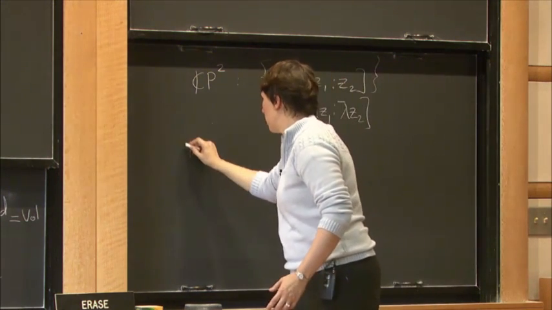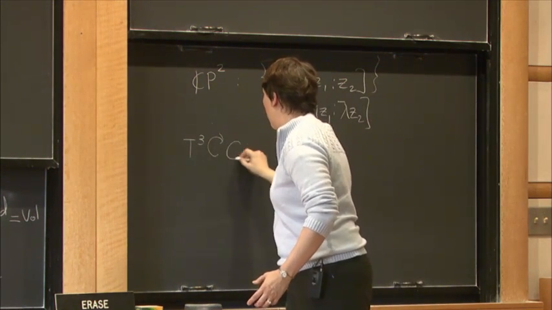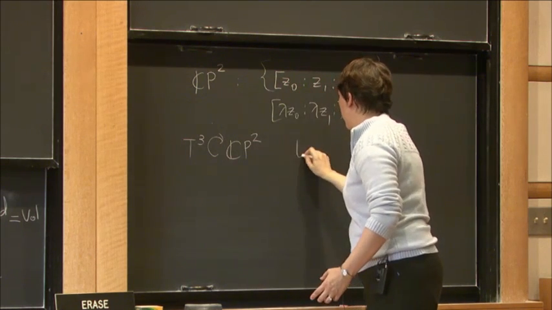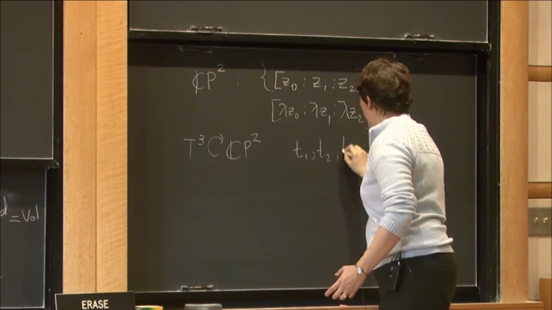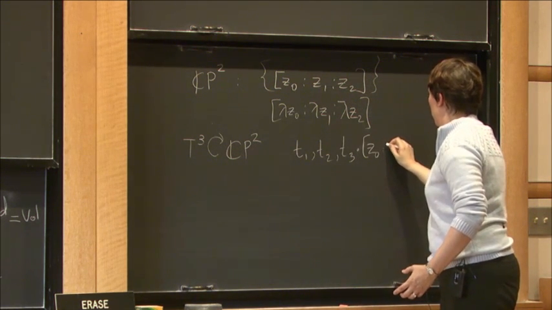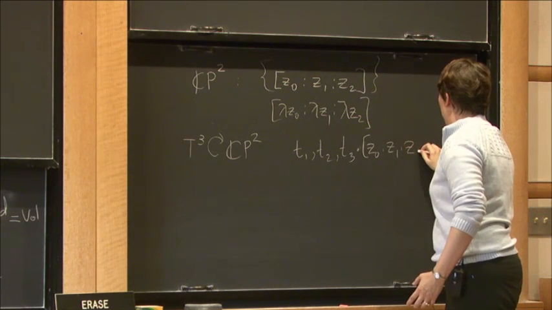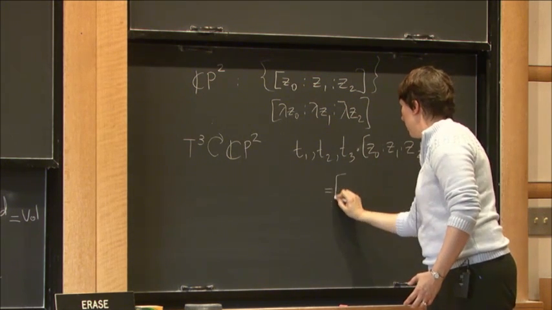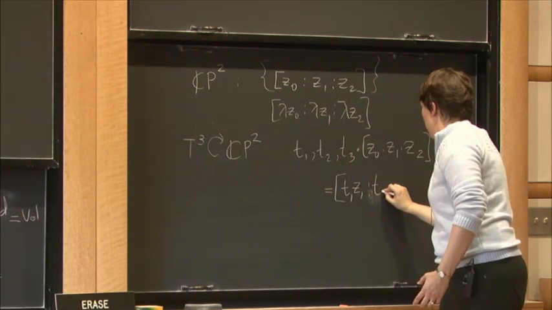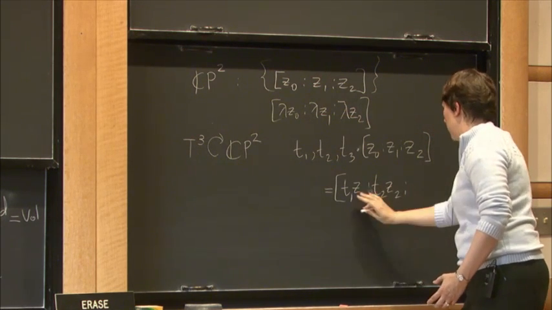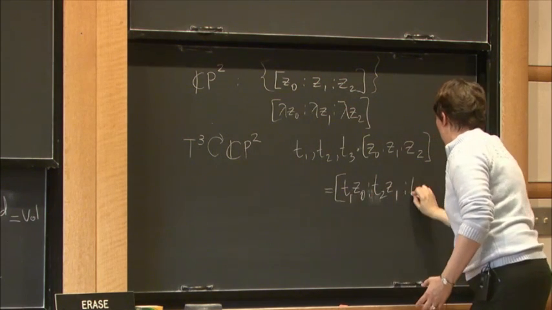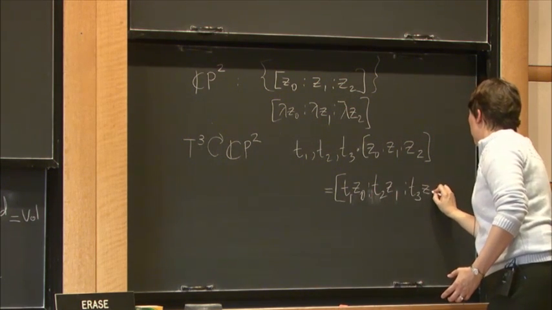And then the T3 action on CP2 coming from C3 just says that T1, T2, T3 act on the coordinates.